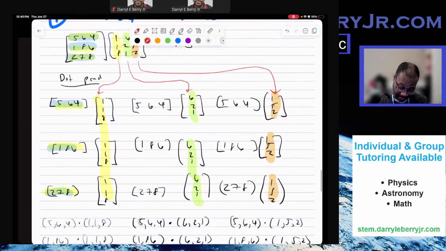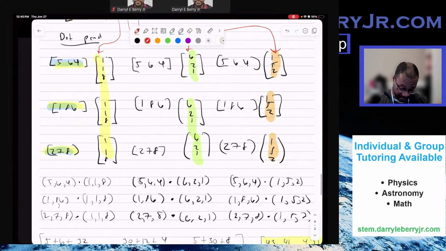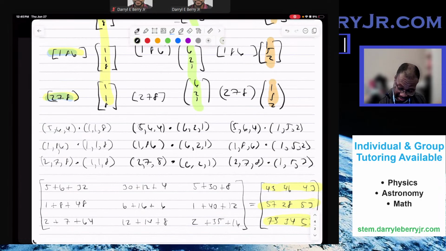And then when I write it out in the normal way, in the vector form, this is basically a vector transpose, and this is a vector. And you dot product that, and each dot product, of course, becomes a scalar, and thus I have my matrix.